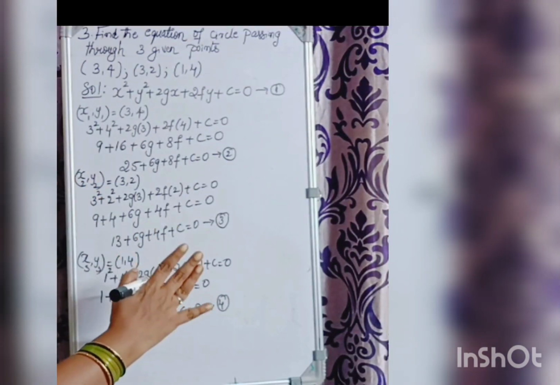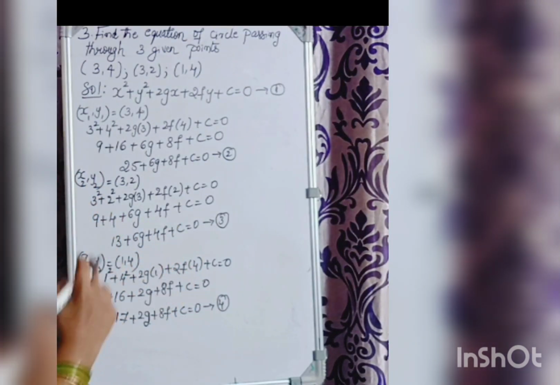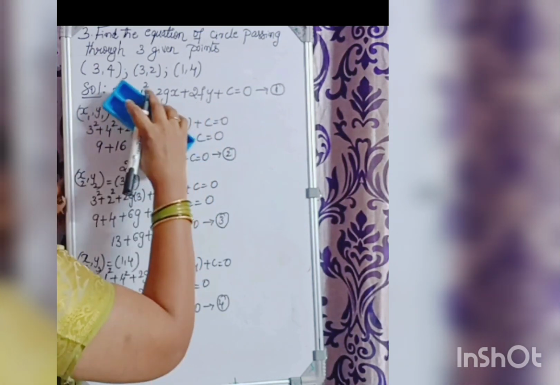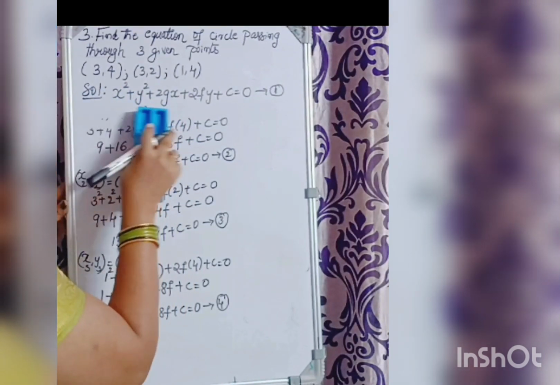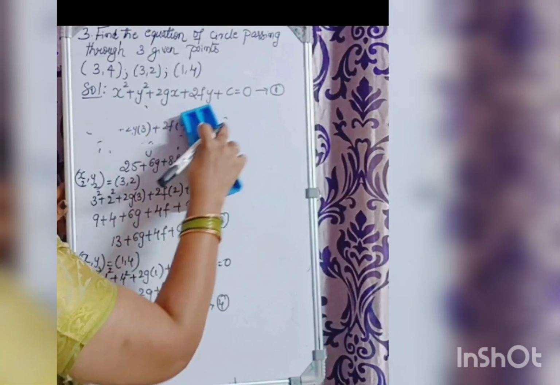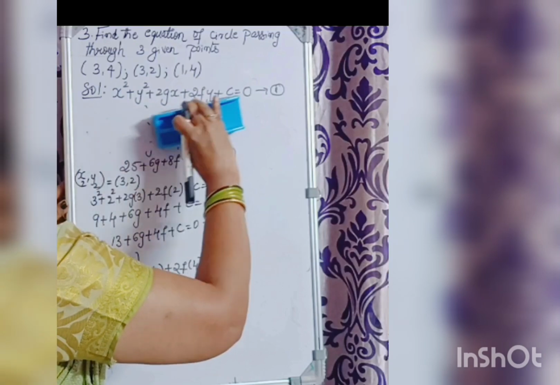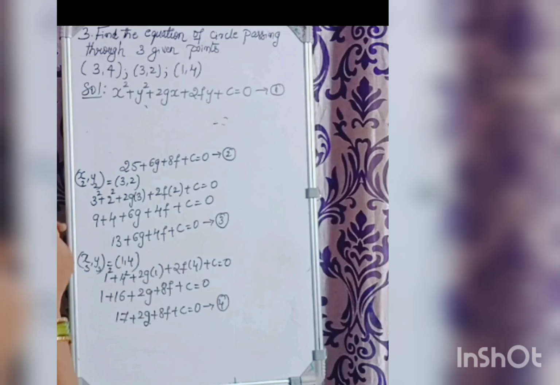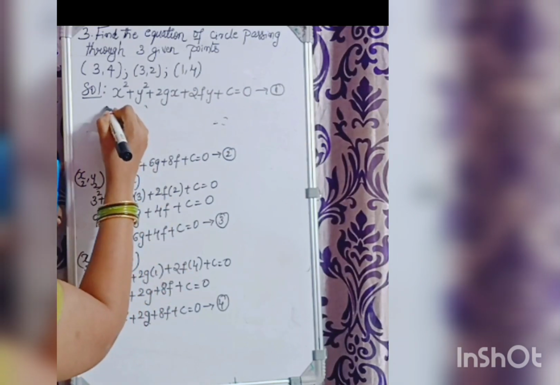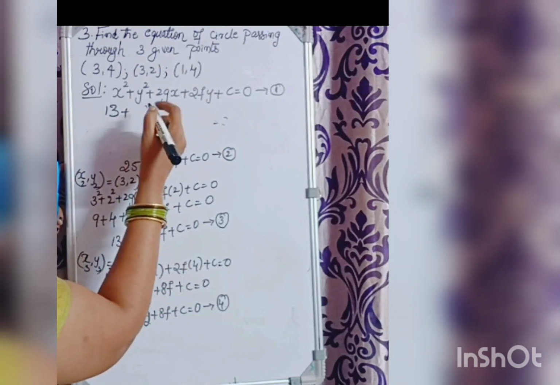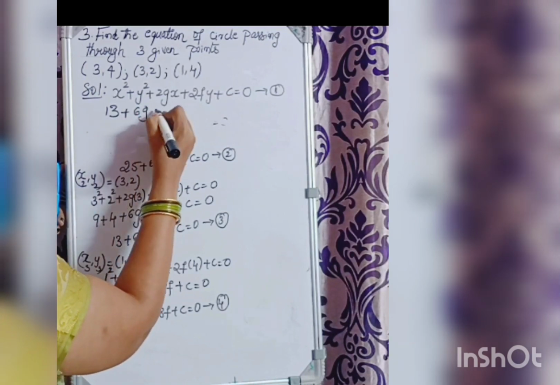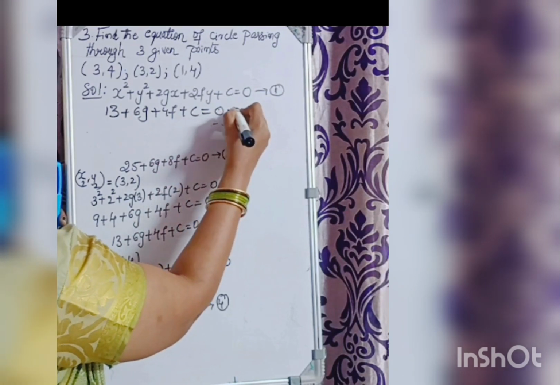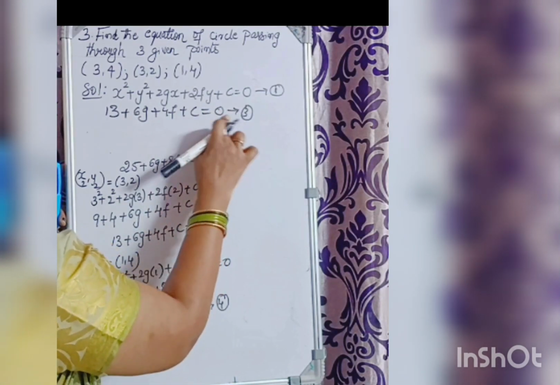I'll just write the equations on one side so that I can solve and get the standard equation. So equation 2 I'll write here. Equation 3 I'll write here: it is 13 + 6g + 4f + c = 0. This is equation 3.